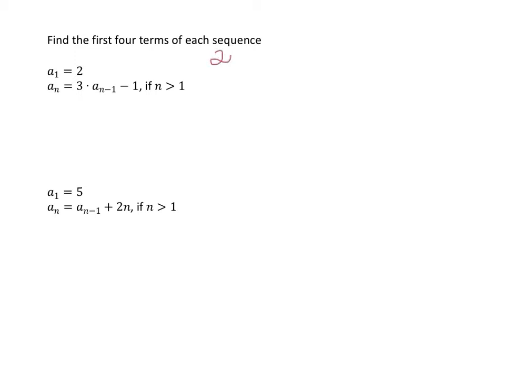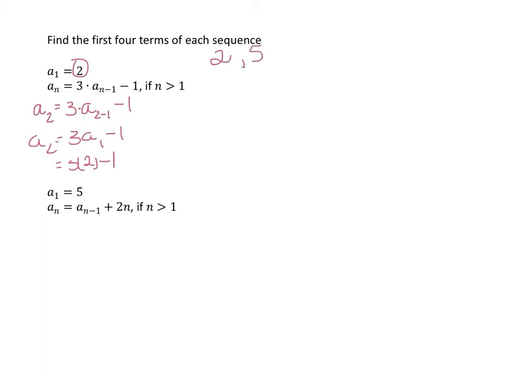So to find the next term, we need 3 times a sub n minus 1 minus 1. So we're really looking for a sub 1 minus 1. Well, a sub 1 we found out was 2. So that's 3 times 2 minus 1. So the next term in this sequence is 5.